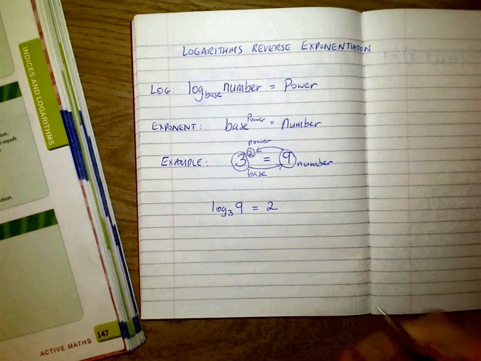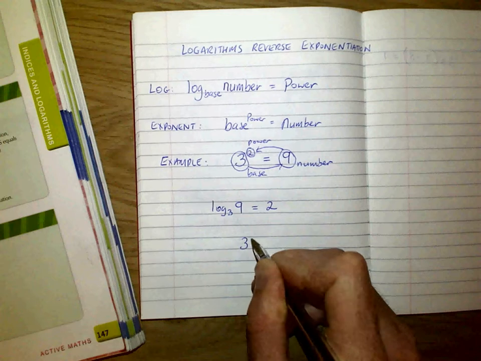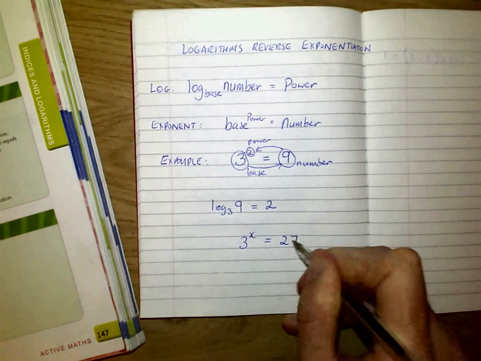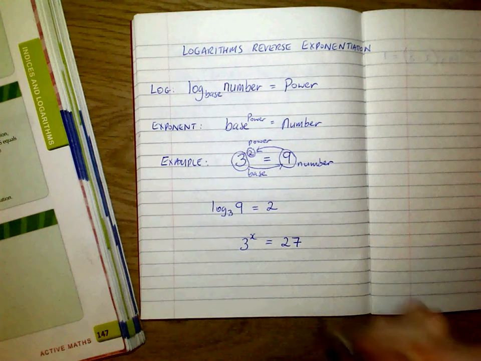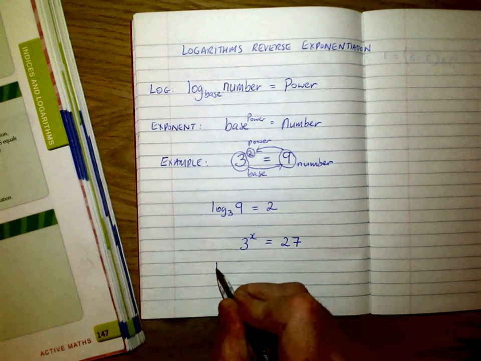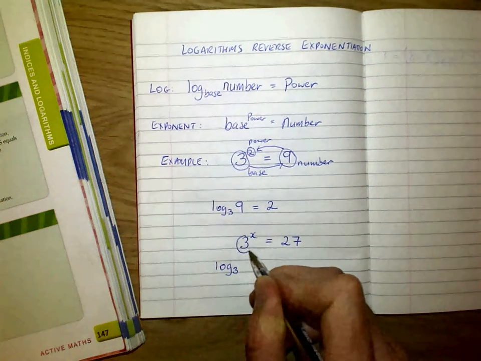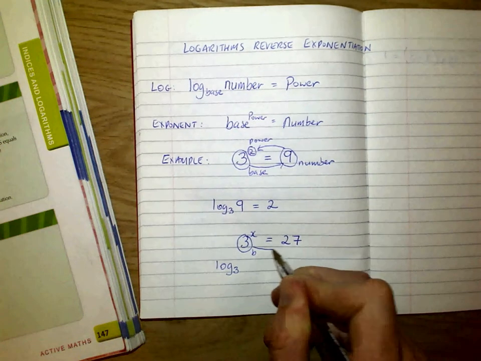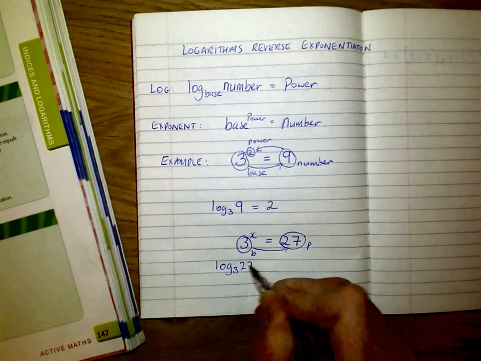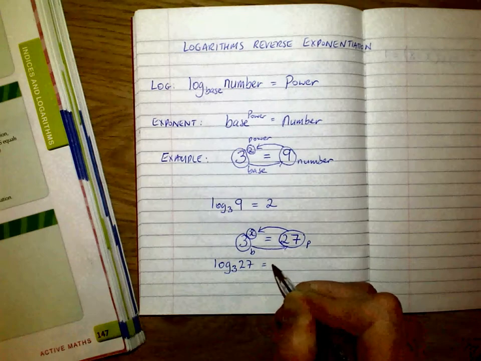That would be useful if you had a situation where you had 3 to the power of x equals 27, for example, and you couldn't figure this out, or if it was a more complicated example, you could switch that to log format. Log base 3 of 27 equals x.